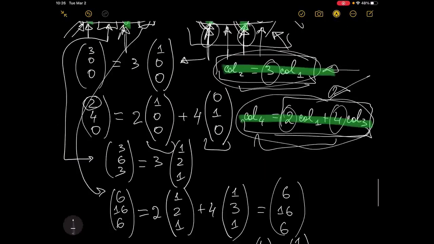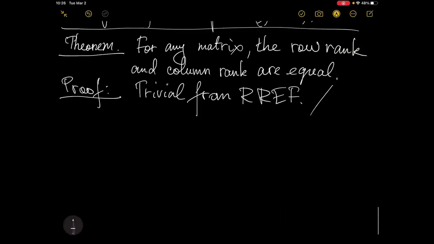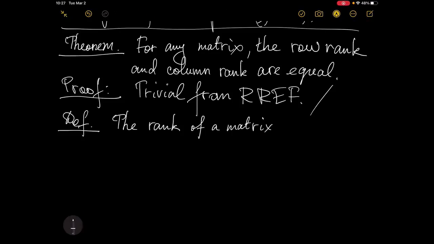Okay, now after this theorem, I can formulate the following definition. The rank of a matrix is its row or column rank.